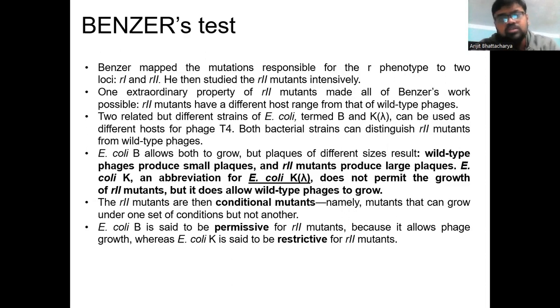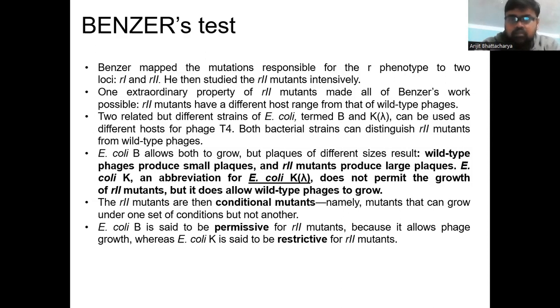So although the mutation is there in the gene, it is not reflected in the phenotype unless a certain condition is provided. For these R2 mutants, they identified two E. coli strains that can act as host for T4 phage, but for these R2 mutants, their infectivity to these two hosts is different.